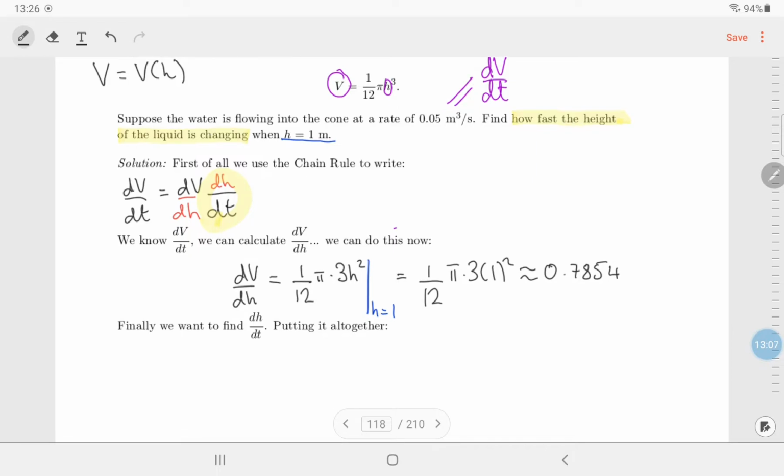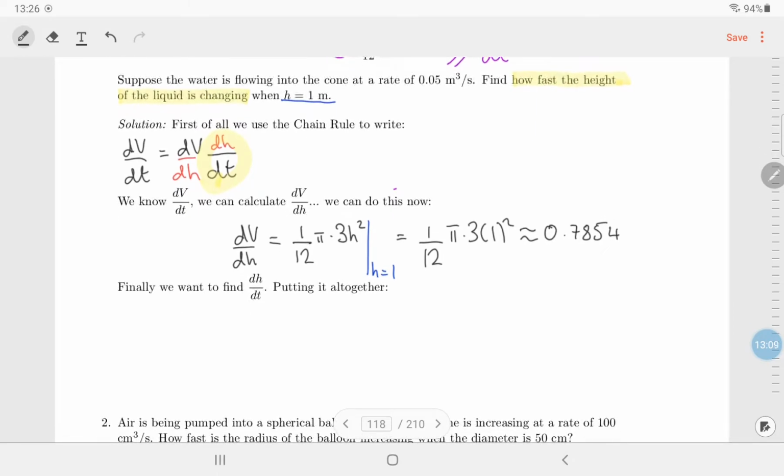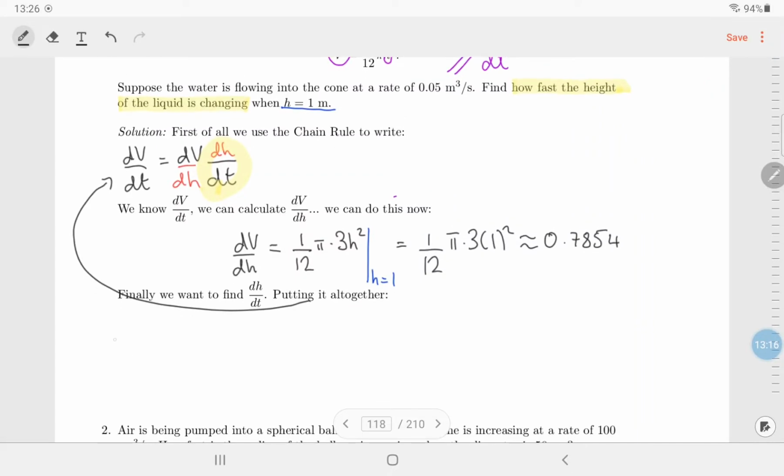Now it's 39, so that should round to 4. Okay, so putting everything together, we have dV/dt. I mean this: dV/dt, 0.05, is equal to dV/dh, which I just calculated to be 0.7854, times dh/dt, which is what I'm looking for. Therefore, to find dh/dt, which is how fast the height of liquid is changing, I just divide both sides by 0.7854.